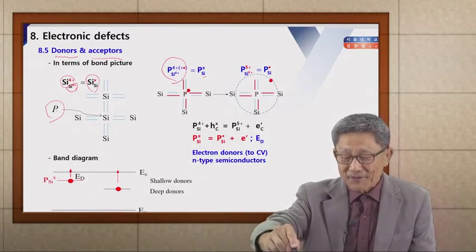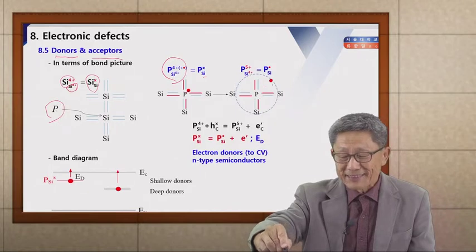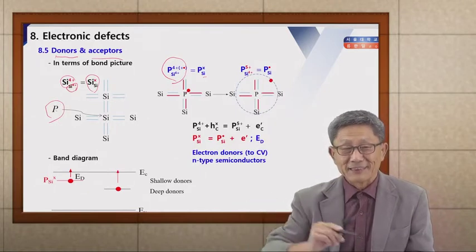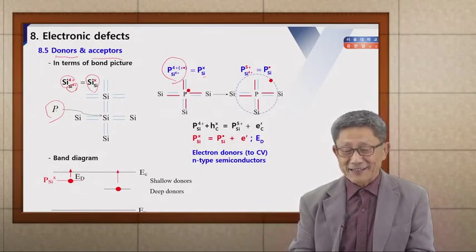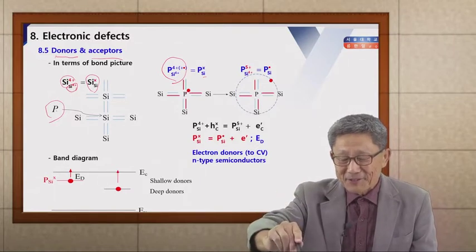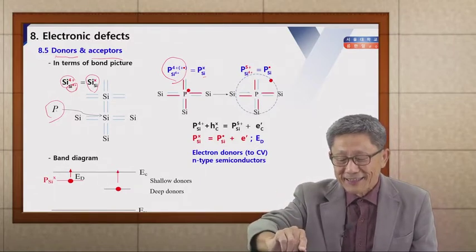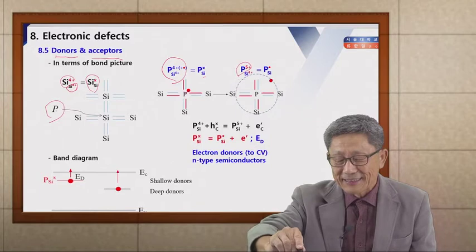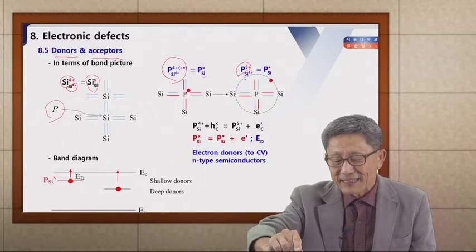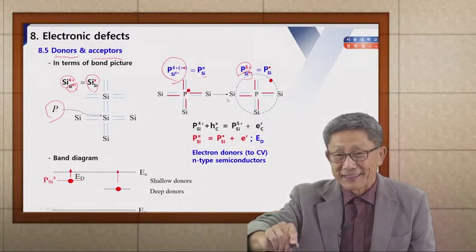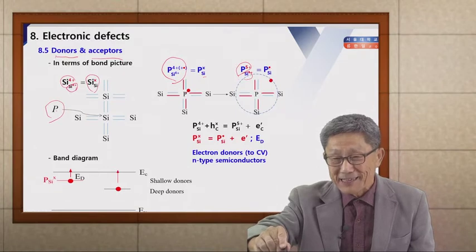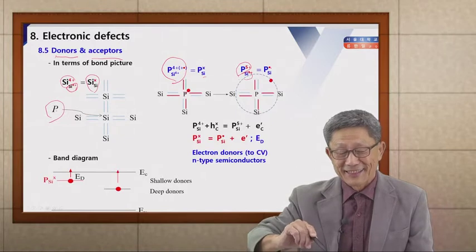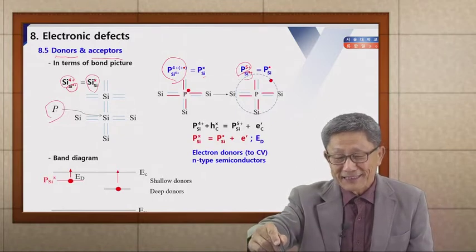So you see this phosphorus ion donates 1 electron to the conduction band. In terms of the actual charge, this state can be written in this way. You see, a pentavalent phosphorus ion is now sitting on the tetravalent silicon site. Therefore, its effective charge is +1. So that's why it has the 1 dot. Okay? Why does it have 1 dot?